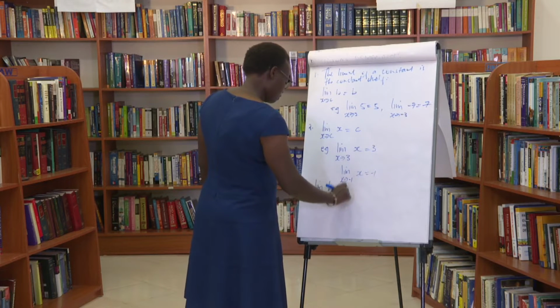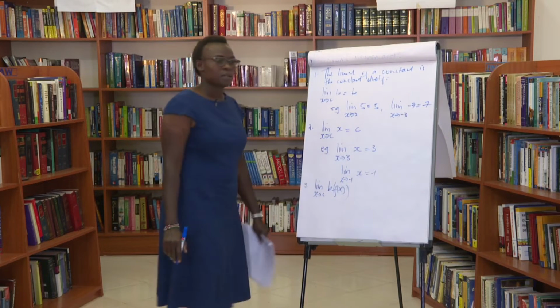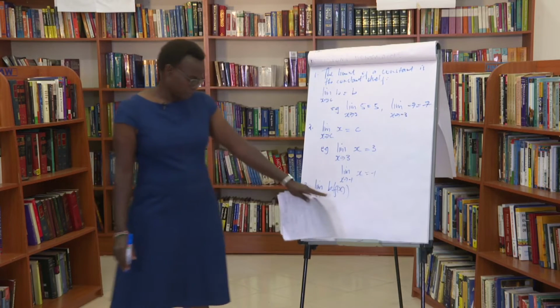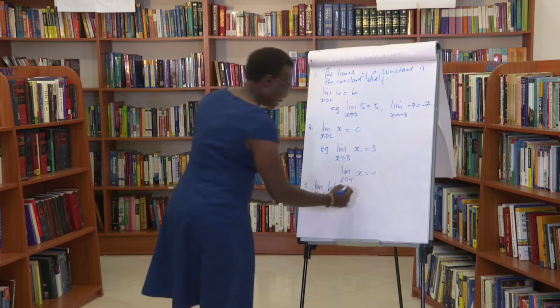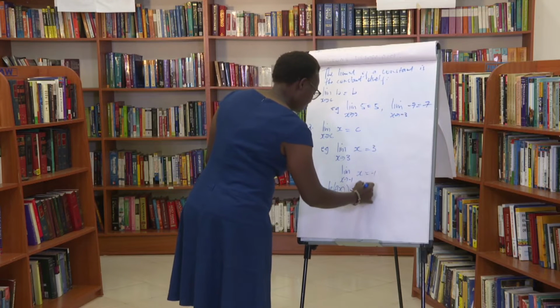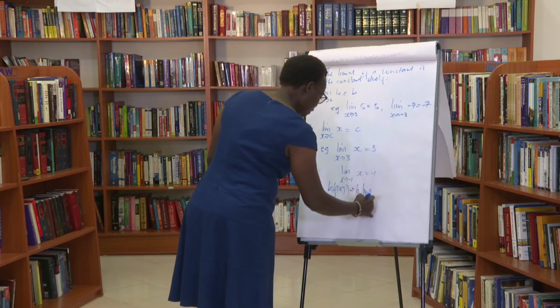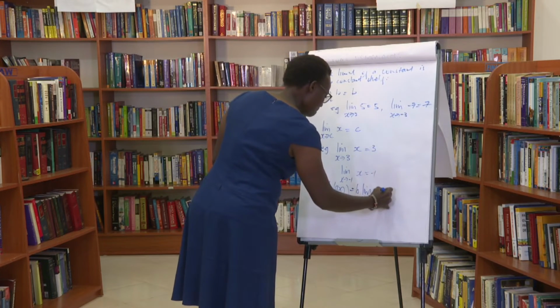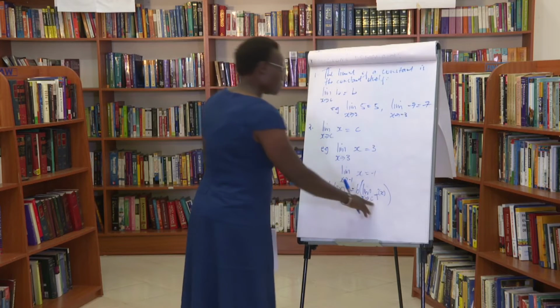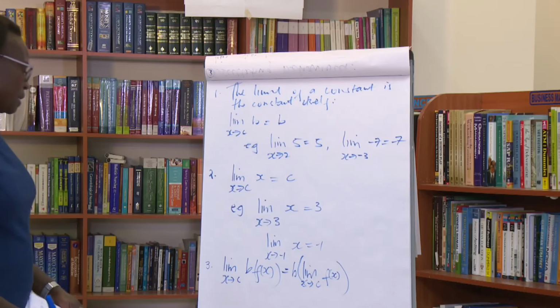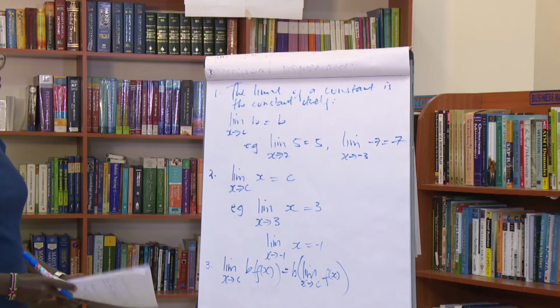Our function is f of x, and it is being pre-multiplied by b. This is the same as getting the limit of the function first, and then pre-multiplying by the constant.